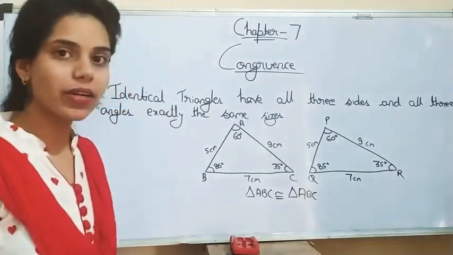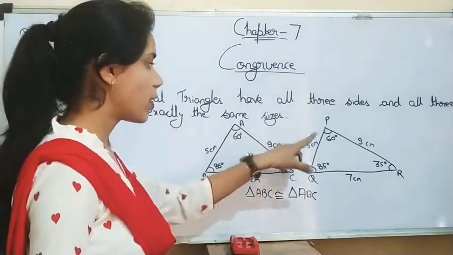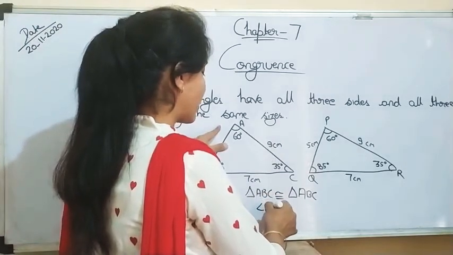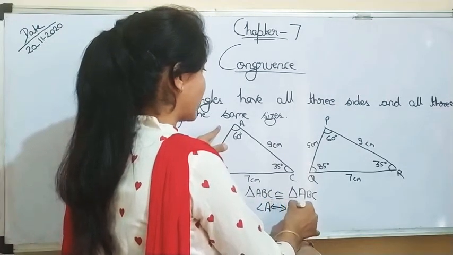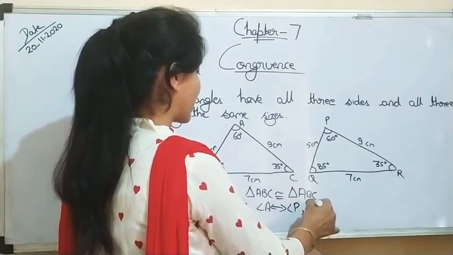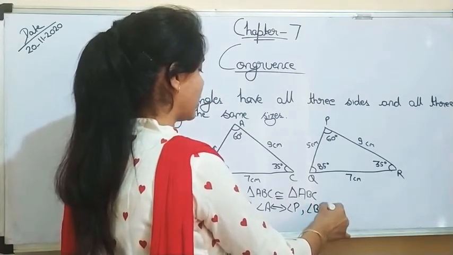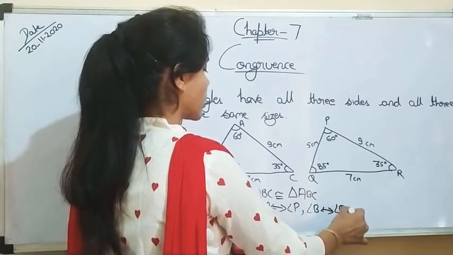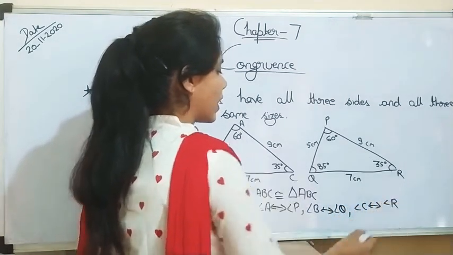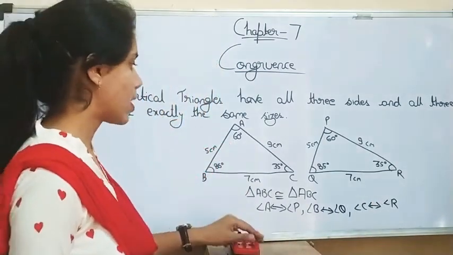Now, why are they congruent? Because their corresponding angles are equal. The corresponding angle of angle A is angle P. The corresponding angle of angle B is angle Q. The corresponding angle of angle C is angle R. In this way, we can say the angles correspond.